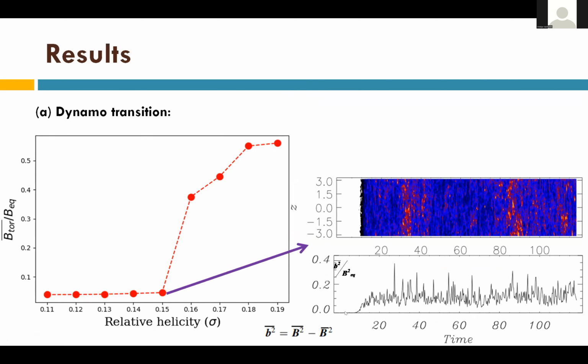So what we have done is find the residual of the total energy density and the large-scale energy density. As you can see here, clearly, when there was no large-scale dynamo operating, the small-scale dynamo was still operating. Whereas now we'll see the same component for the point where the dynamo was operating.